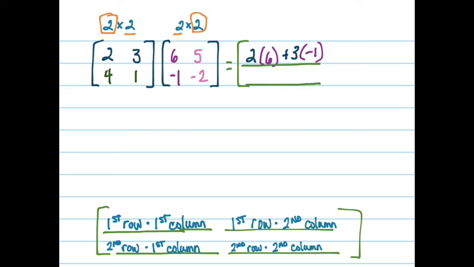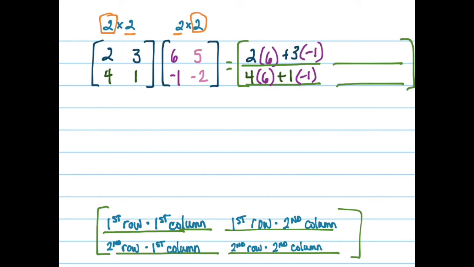It's going to be my second row now times the first column. So my second row was 4 times 6, and then 1 times -1. All right, so that's those two spaces. And then we'll do the same thing over here for these next two spaces.